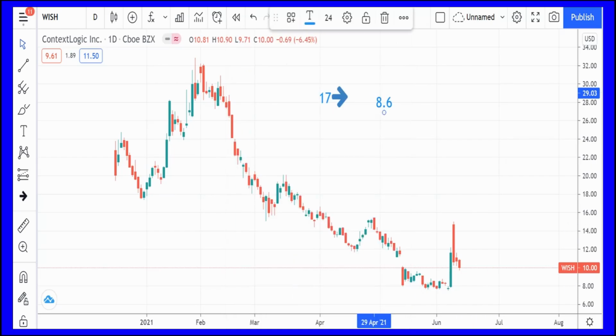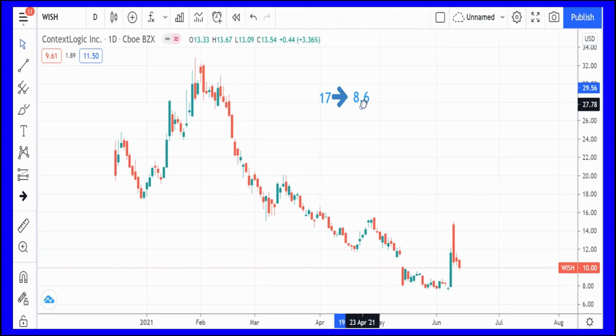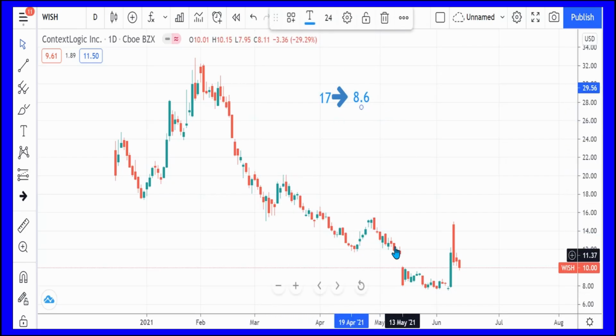Okay, so that is the current move. Let me put it to here. Then there's a third round of selling here. It retraces up, and then there's a third round of selling. We're going to measure this third round of selling as well.